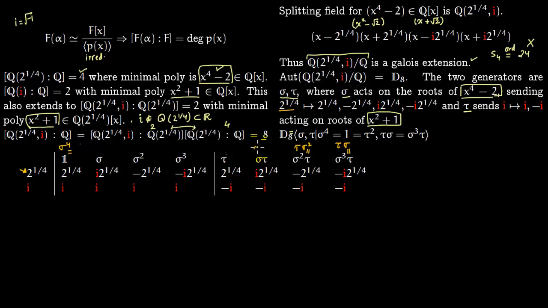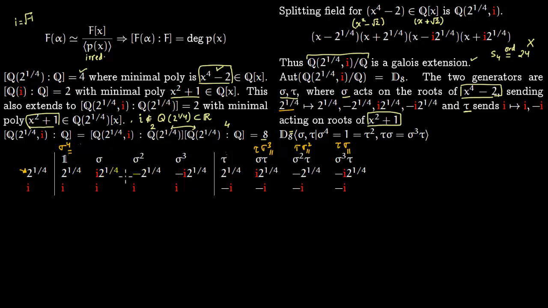And then you get, say, tau sigma cubed. Then you get this column. So we here took just sigma tau, sigma squared tau, sigma cubed tau, but you could have said that I want to take tau first and start with tau sigma. Then you would have gotten precisely this thing, and this thing. So you can see all the options, and these are the only options you get.